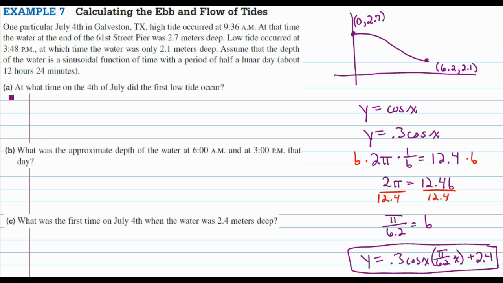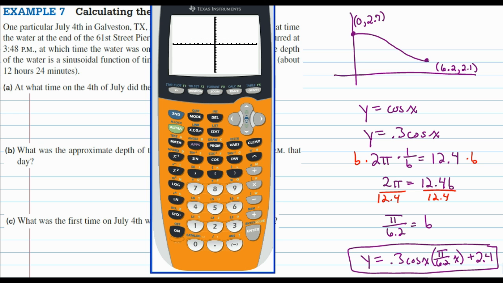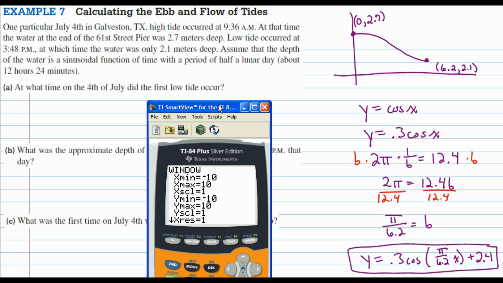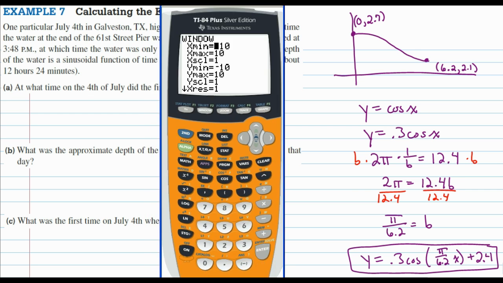So question A asks, at what time on the 4th of July did the first low tide occur? Well, let's put this in my calculator so we can see this a little bit better. Now, in adjusting my window, the period of this whole tide thing is 12.4 hours. So I think I'm going to want my x max to cover a whole day.